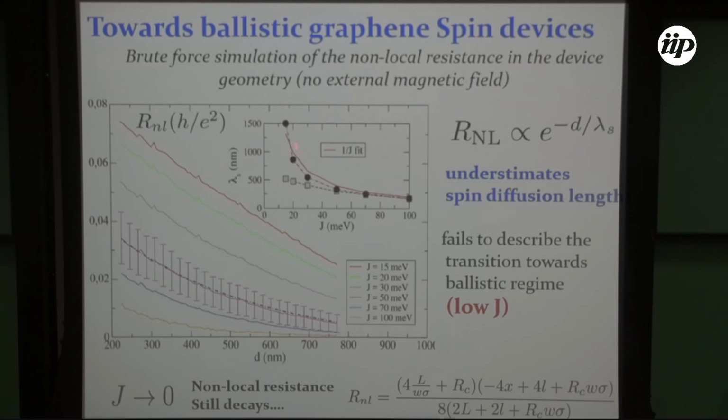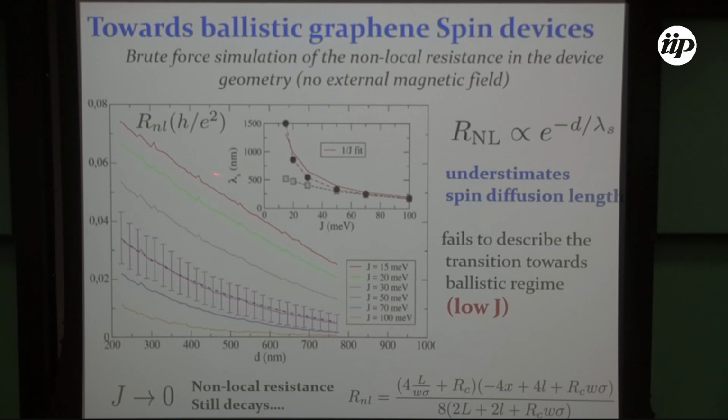But even so, what we found is that when we fit our numerical data with the conventional formula, and we have low magnetic disorder, so spin becomes more and more ballistic, so to speak, this conventional formula just underestimates what we get with the more general formula. The more general formula can also explain why you become linear at some point. It's impossible to fit a linear curve with an exponential; you get a value that you cannot really control.